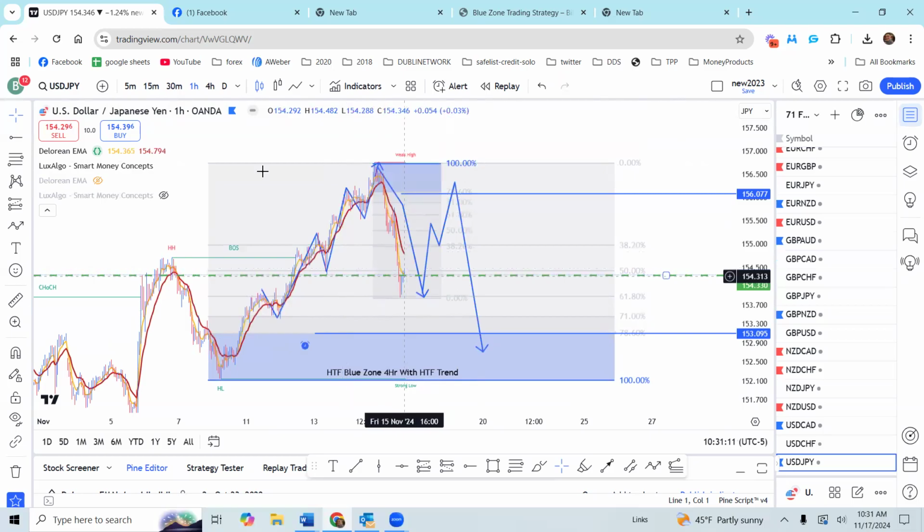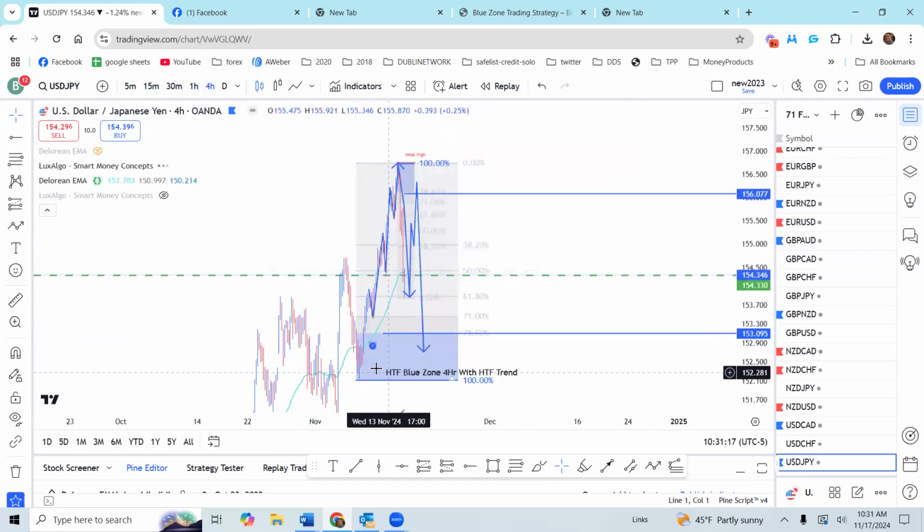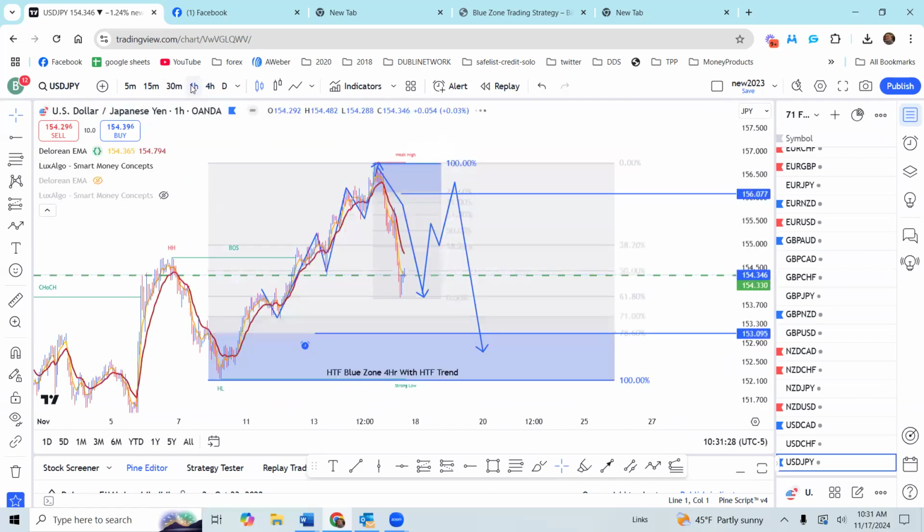If we get this change of character on the 1 hour chart, which we get, right? This blue zone was drawn here on the 4 hour. Now we wait for price to come down to our 4 hour blue zone, and we drop down to the 1 hour to take our trade.